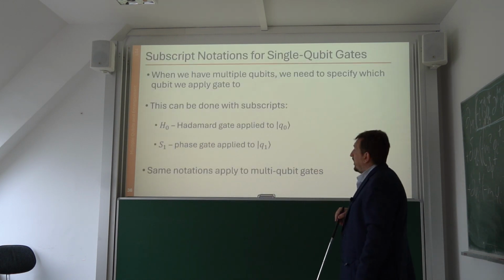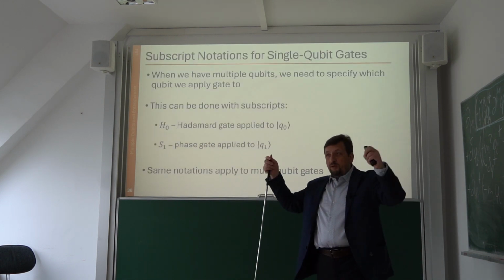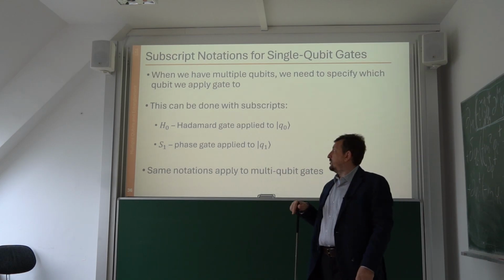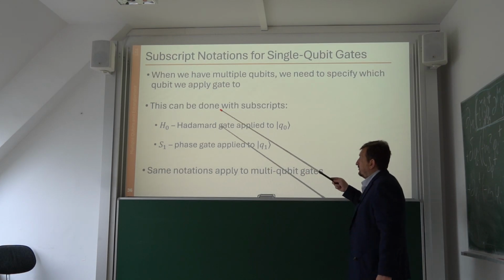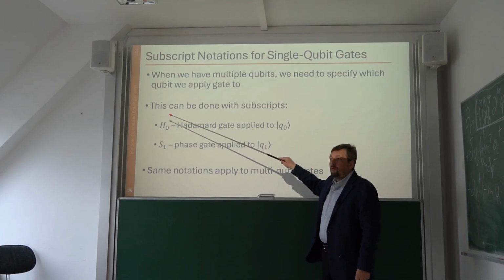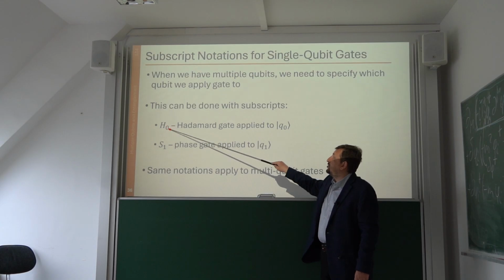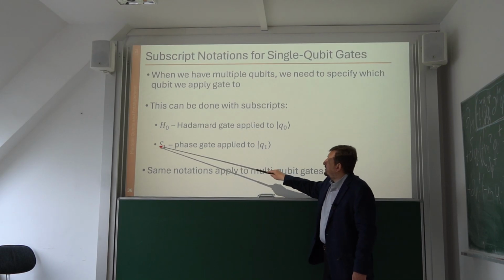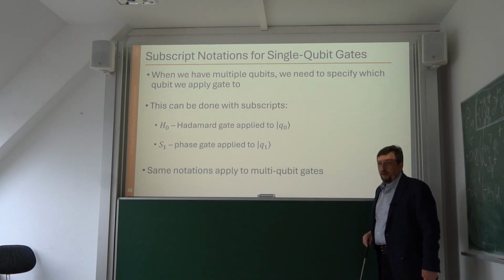About single qubit gates. Suppose we have many qubits and we want to apply the single qubit gates that we studied in the last lecture. How to do it? The easiest way is to denote to which qubit the gate applies. H0 is the Hadamard gate applied to qubit number 0. S1 is the phase gate applied to qubit number 1.